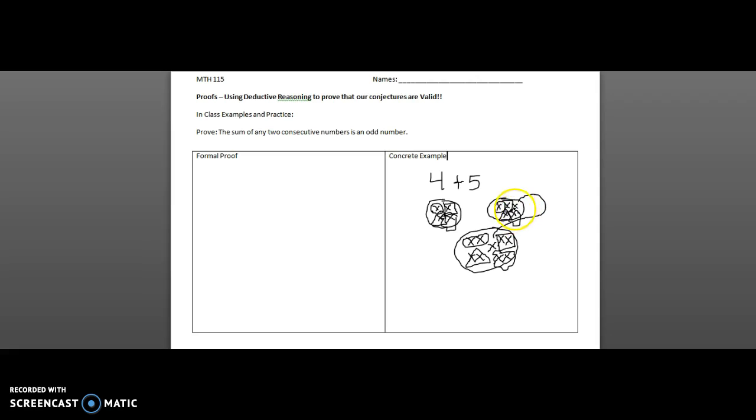Shouldn't be any surprise that since these are consecutive numbers, when I run out in the first circle, I'm going to have 1 left in the second circle. That 1 left will come down and will make my sum odd every single time. So imagine I have 113 plus 114.